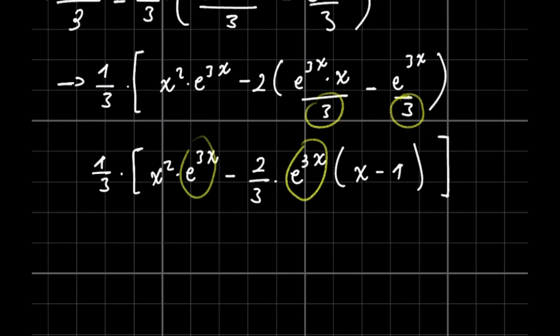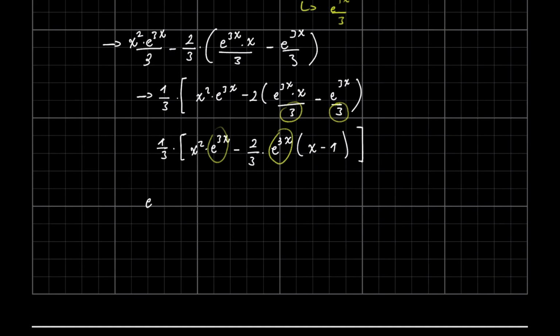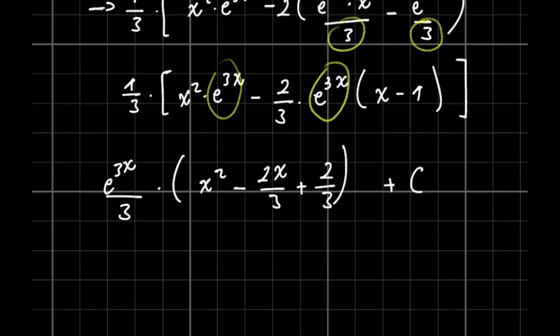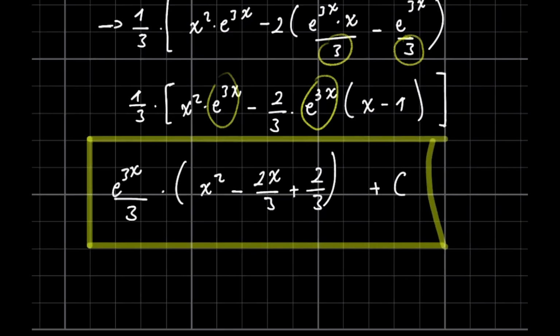And therefore what we can have is e to the power of 3x over 3 into x squared minus 2x over 3 minus 2/3, or you multiply this negative with this negative, so it's going to be plus 2/3, and then at the very end plus my constant, and that is going to be my final answer for this problem.